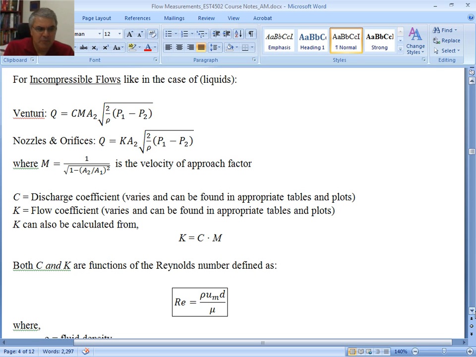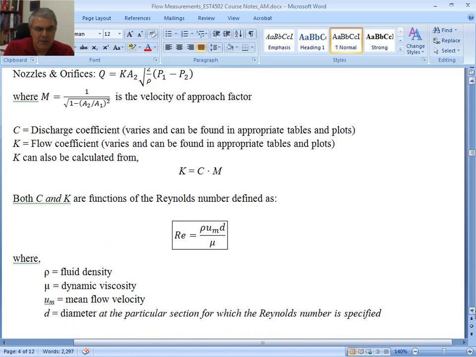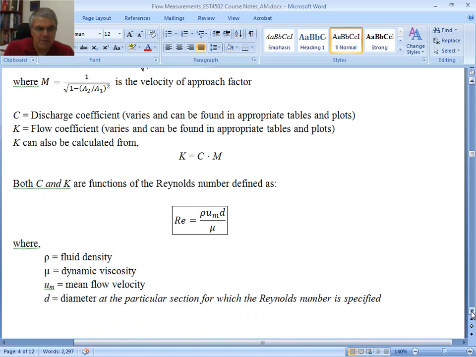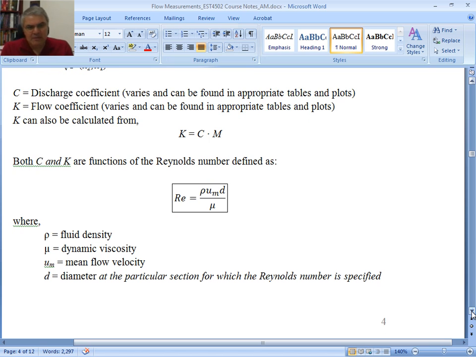So the Reynolds number is defined here, as you can see. So far, you've probably had a question about that. Both C and K are functions of the Reynolds number. The Reynolds number is defined as the ratio of fluid density multiplied by mean flow velocity, and I can point to it as I go over this.